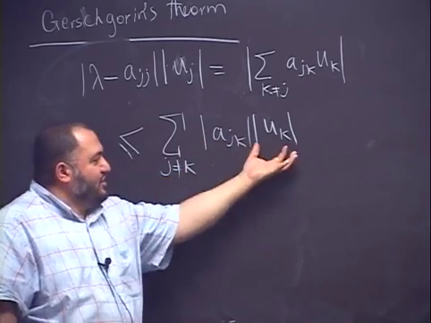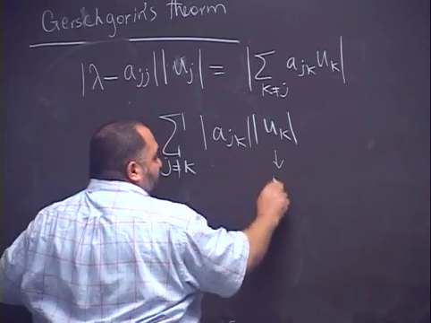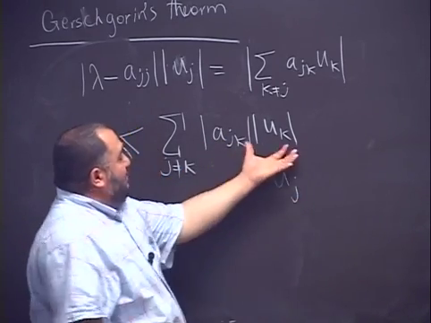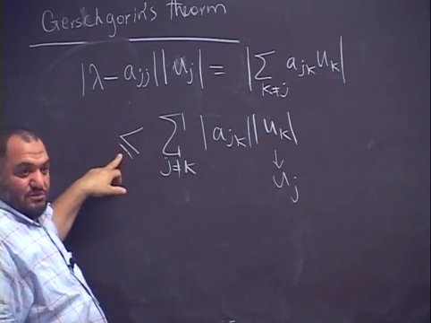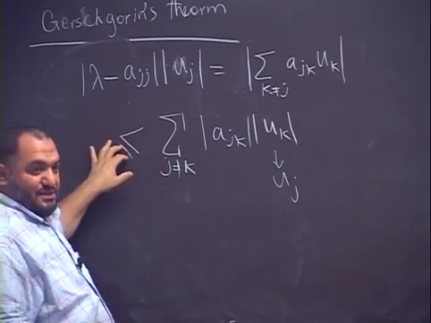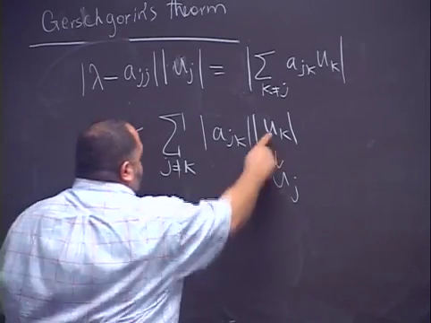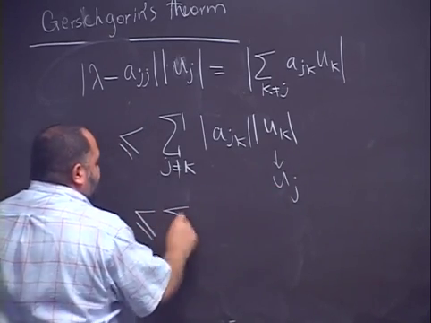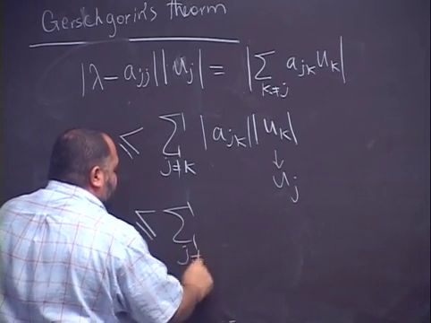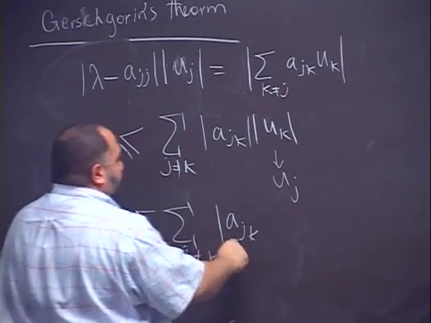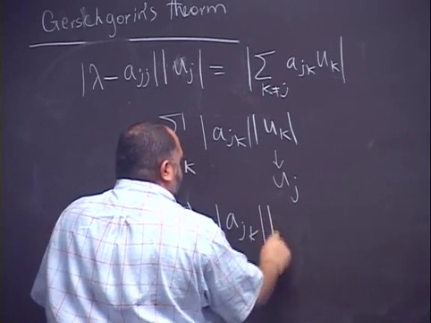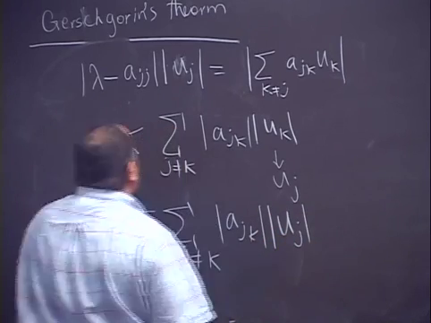If you replace this one by uj here, you are multiplying by something bigger, so the less than or equal is still holding. So we will replace uk by uj, so this will be less than or equal to the summation for k not equal to j of the amplitude of A jk multiplied by the amplitude of uj.